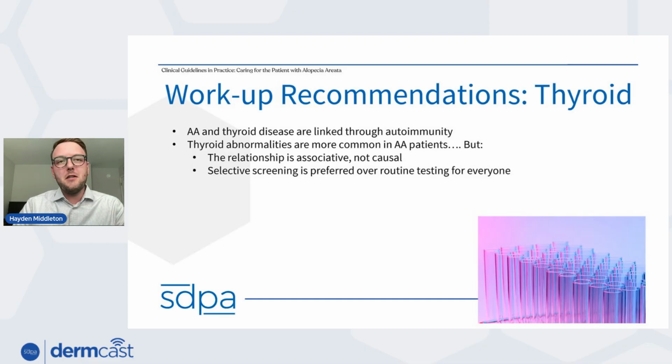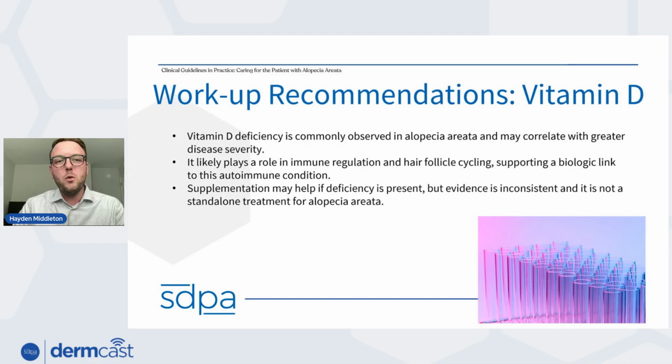And certainly selective screening is very important. But I think that, again, getting a good history, actually talking to the patient and figuring out, do they have other symptoms of hypothyroidism, such as constipation, and you're not just looking at the principal presenting symptom of alopecia alone.